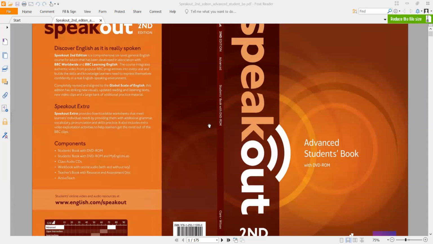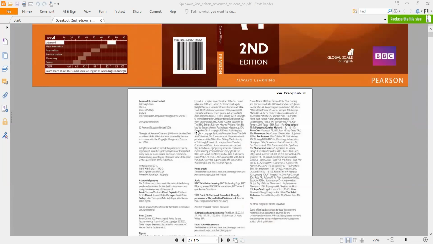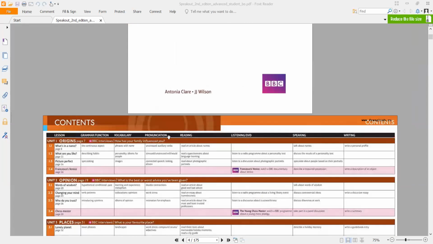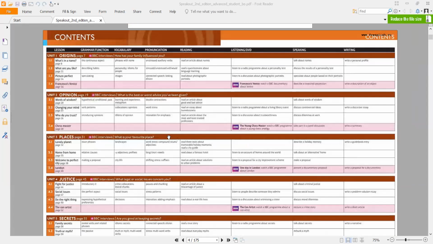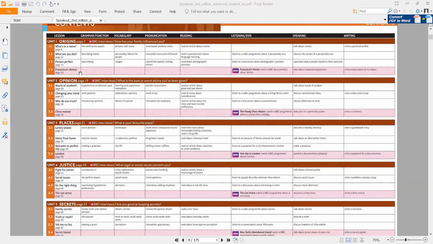During our journey with this book, we'll have time to work on a variety of topics. We will cover 5 units or modules. In every unit, we will work on something at an advanced English level.